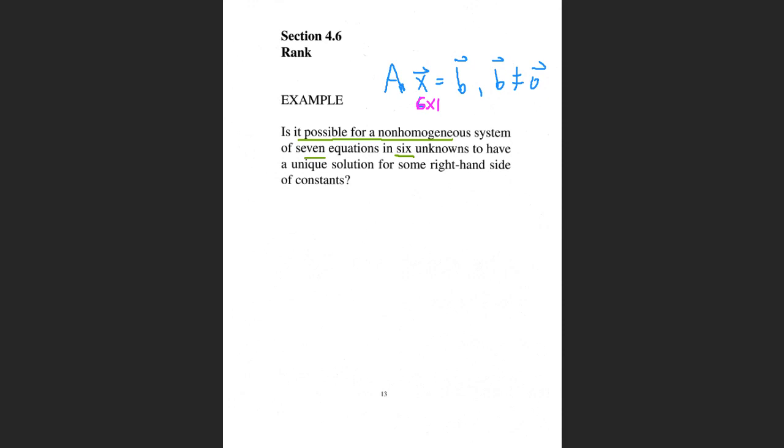Well, in order for the multiplication to be defined, you'd have to have 6 columns in matrix A, but how many rows would you need? I hate to give the answer away.